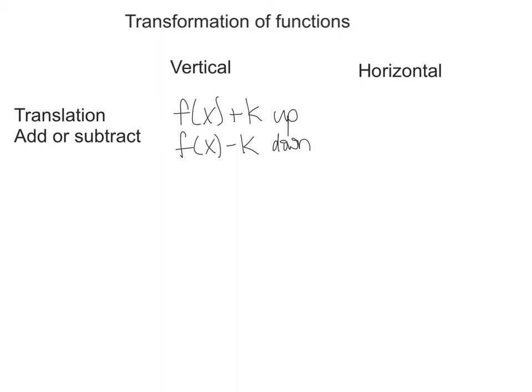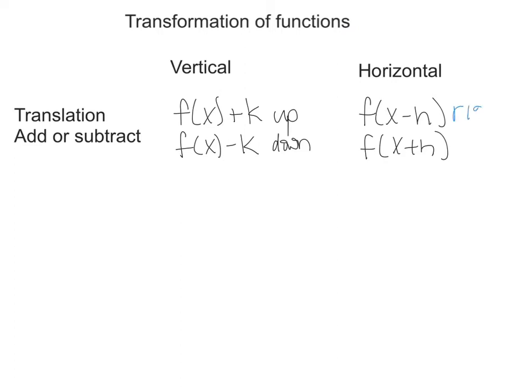Now the horizontal translations gave us f of x minus h and f of x plus h. Now when it was f of x minus a number, which direction did it go?